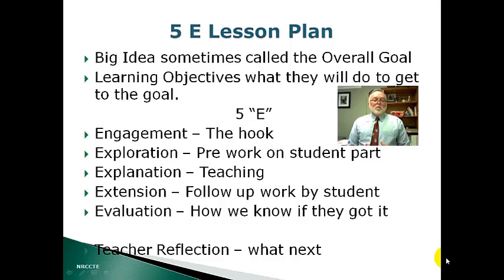How do you know if they got what they were supposed to get? An evaluation can be done a variety of ways, and you know this, and within each area there's going to be different ways of evaluating what actually got done. But a lot of them are simple evaluations. I mean, you can observe and see whether they got things.